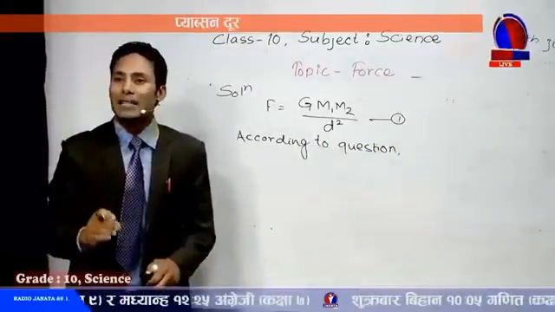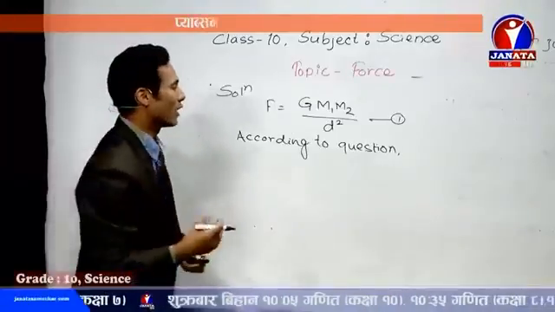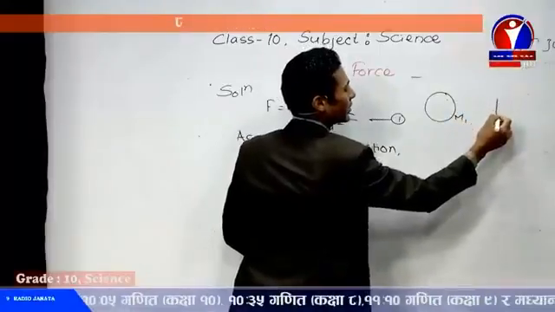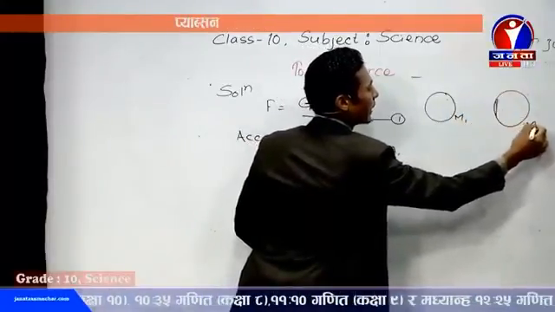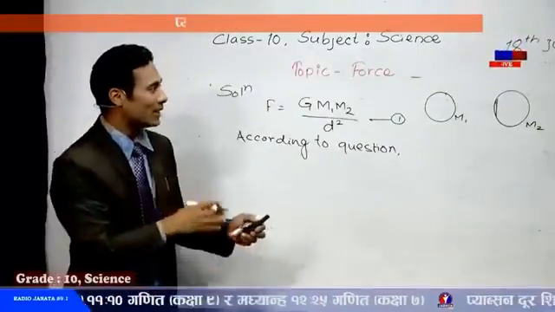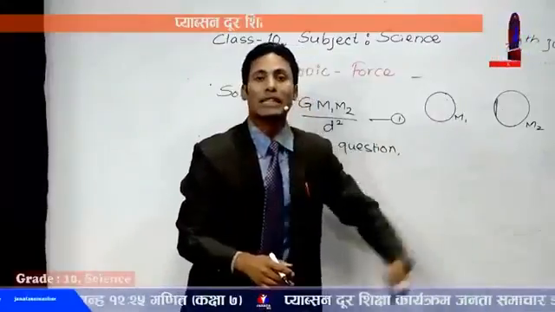one of the masses is doubled. Out of the two masses, one is doubled. Let's say this one is m1 and this one is m2. This is the initial condition. At the start, m1 is the mass of the first object and m2 is the mass of the second object.